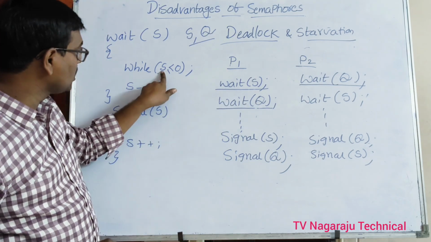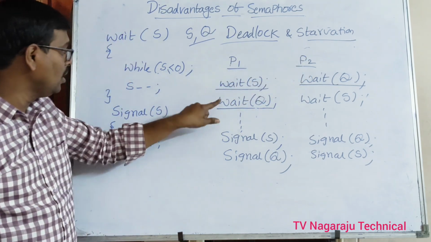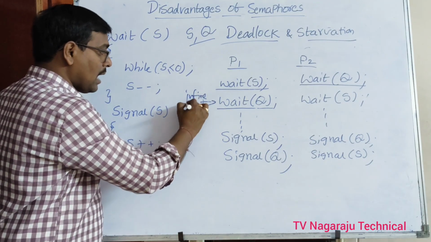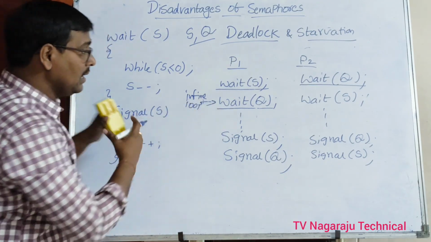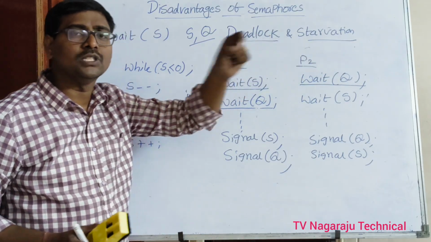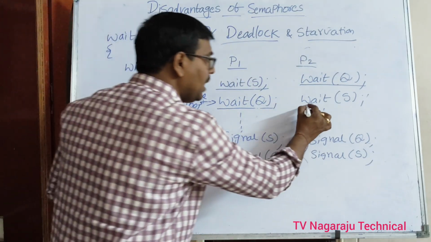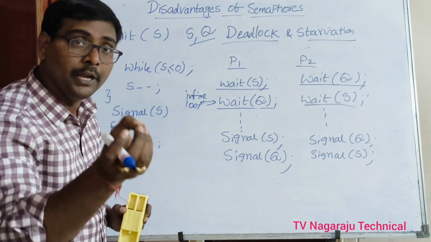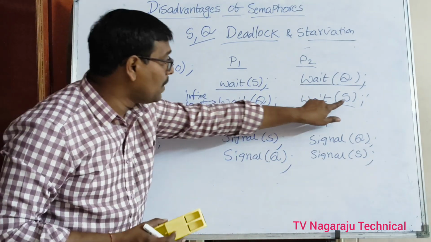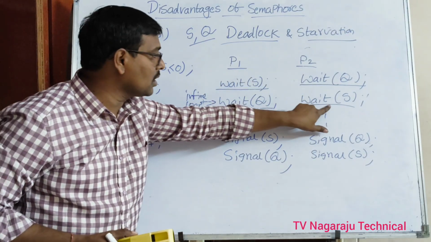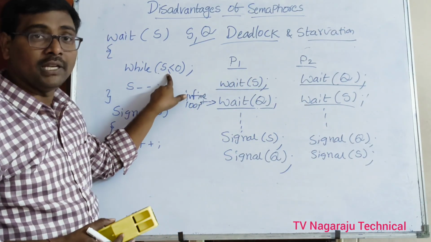Wait of Q. This Q is used by P2, and here we have an infinite loop until the Q semaphore is released by process P2. Similarly, wait of S. Now P2 wants semaphore S, but the semaphore is already held by P1. That means P2 also waits.